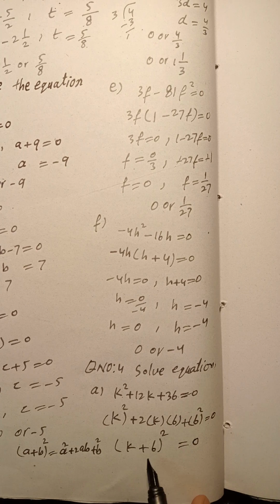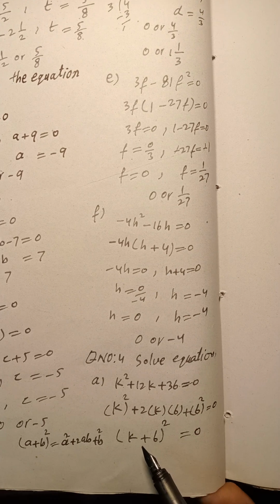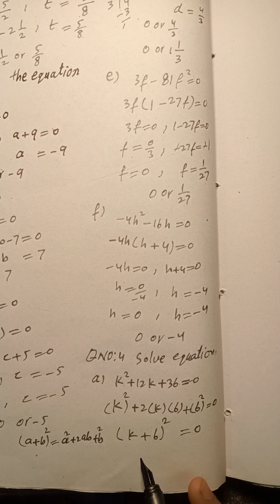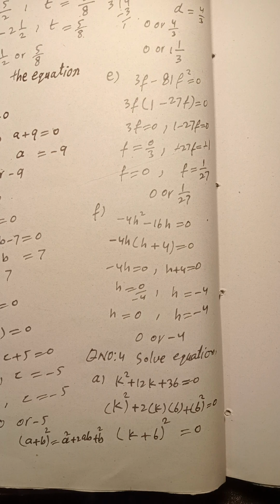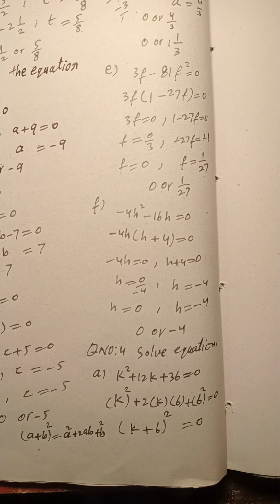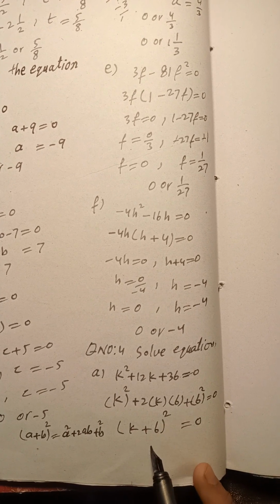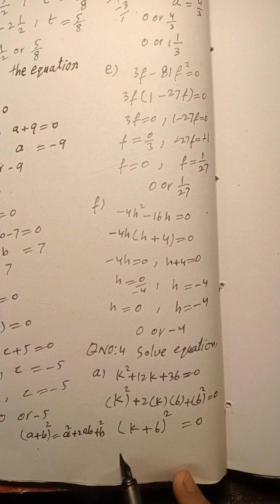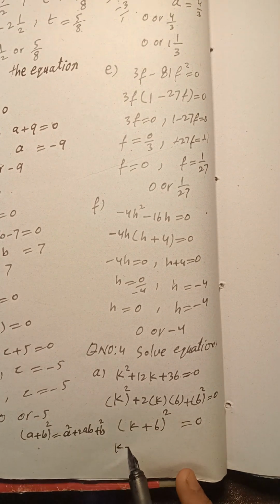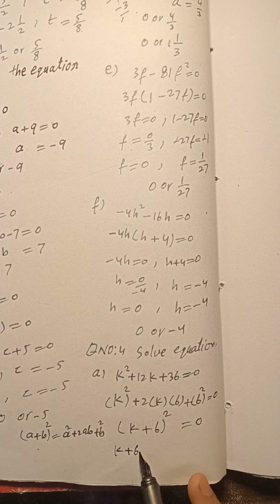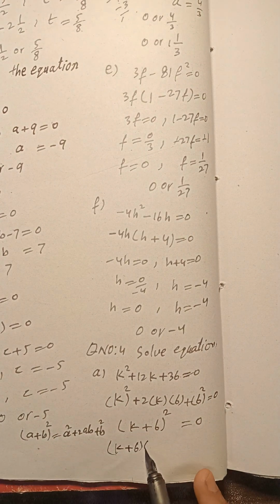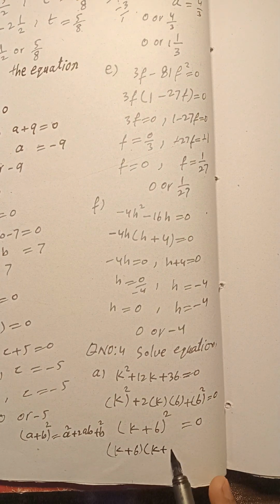Now you will write it 2 times, k plus 6 one time and k plus 6 next time, because it is squared, so you will write it 2 times and it is equal to 0.